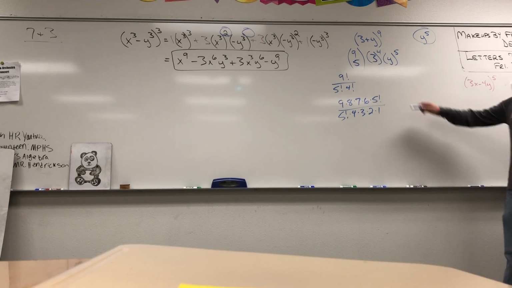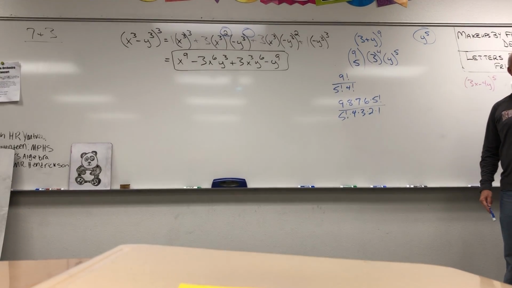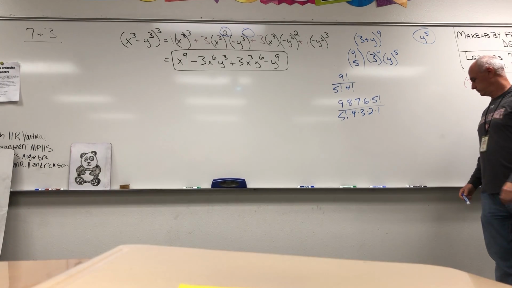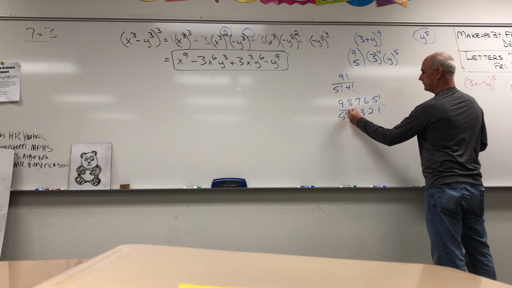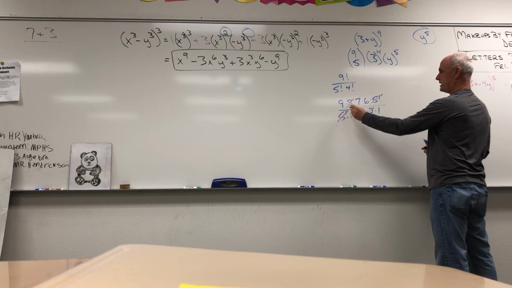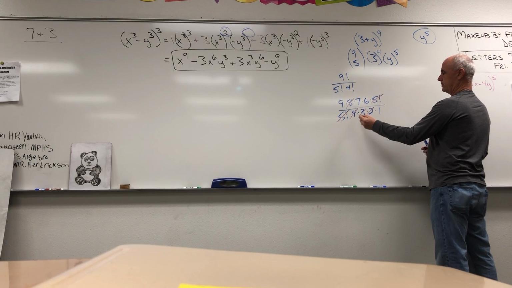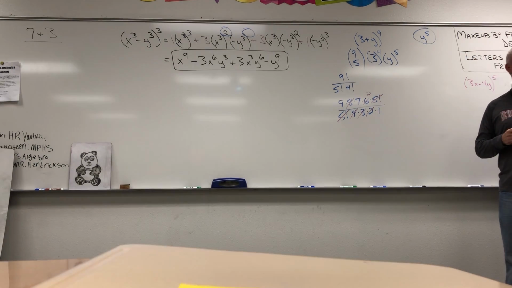We said that if we do it right, the top and the bottom should always have the same number of terms. So, 5 factorials go. 4 times 2 is 8. 3 goes into 6 twice. You can cancel however you want.